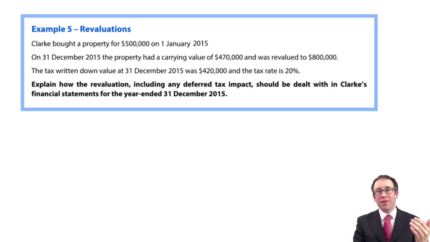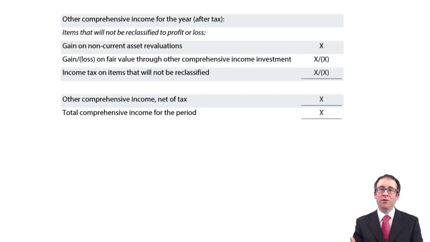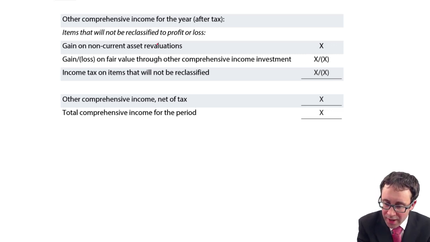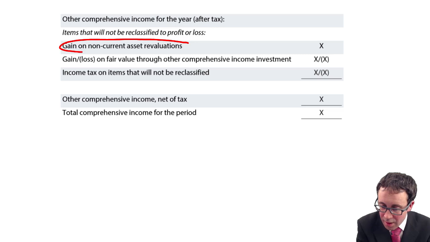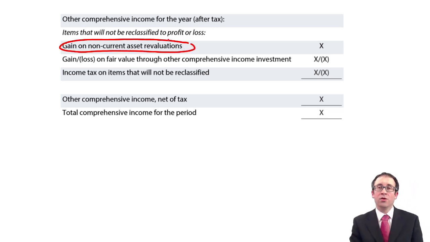So you're going to debit the carrying value of the asset, and remember, the credit, the gain, goes to other comprehensive income. So if we go back to earlier within the notes, within your financial statements chapter, remember you've got there your other comprehensive income, and then you have your gain on your non-current asset revaluations.